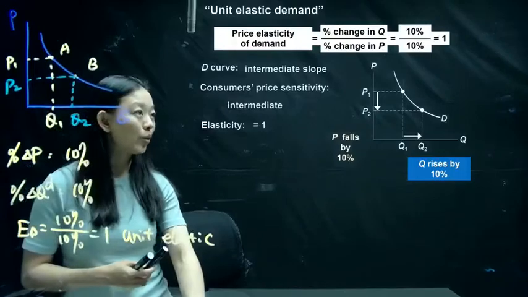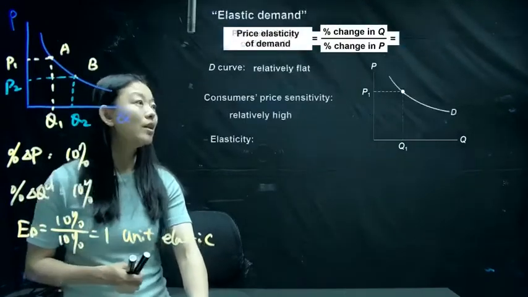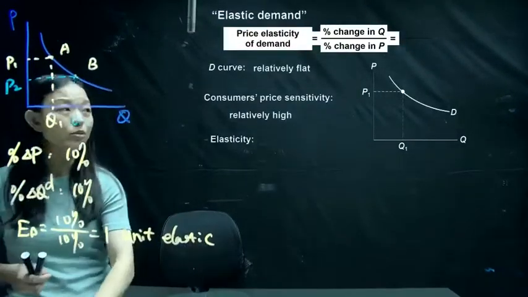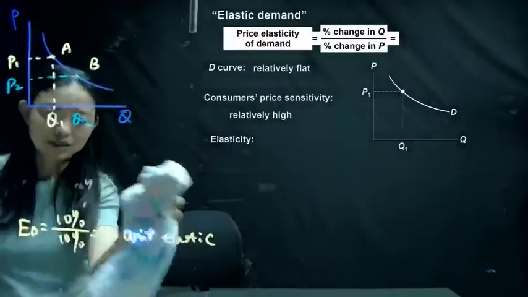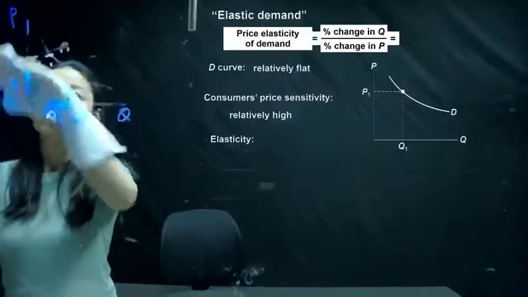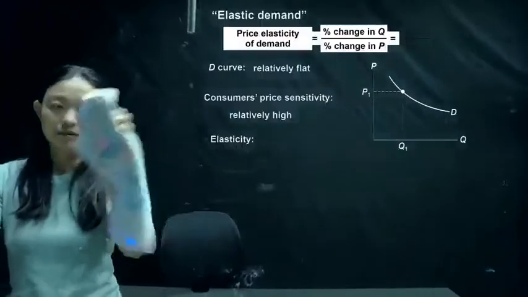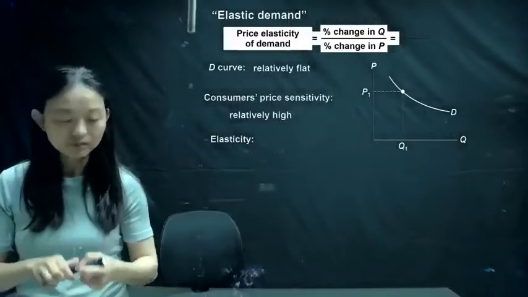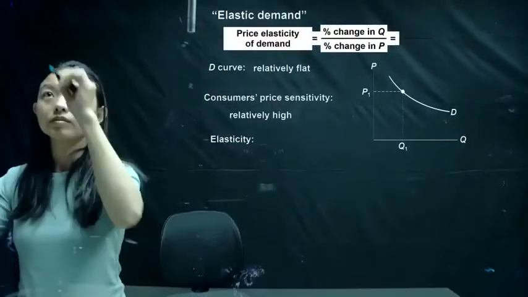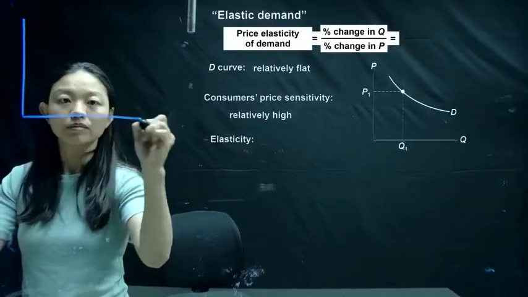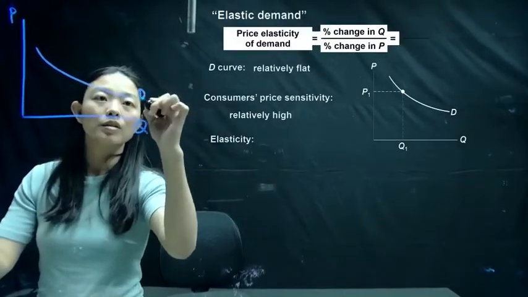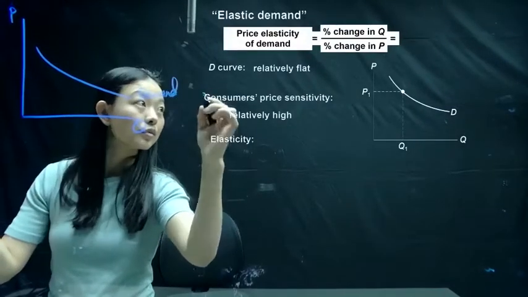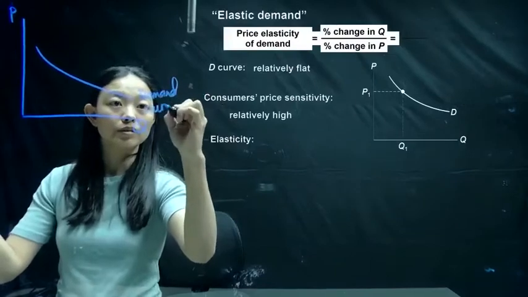Now let's look at the fourth type of the demand curve. So the fourth type of demand curve, you might notice now the demand curve is really flatter, right? So P, Q, this is the demand curve.